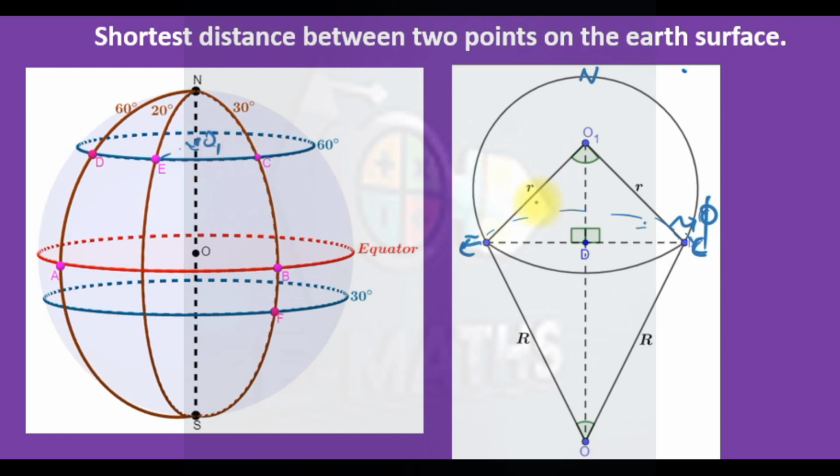So the total angle here is now 20 plus 30. Let's take the total angle to be theta. Connecting this perpendicular, it divides this into theta over 2. Theta is our angular difference.